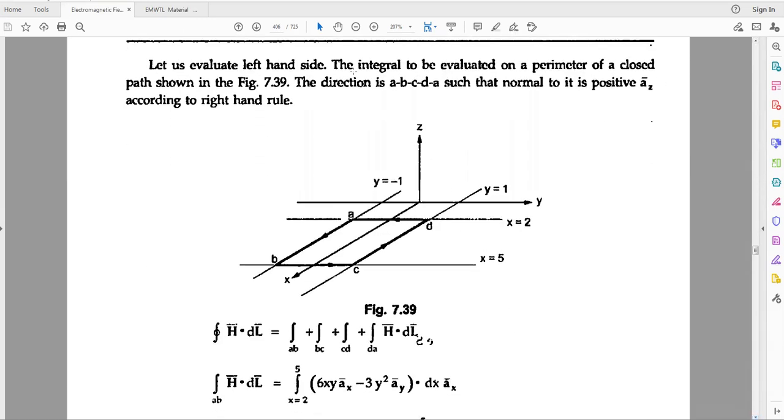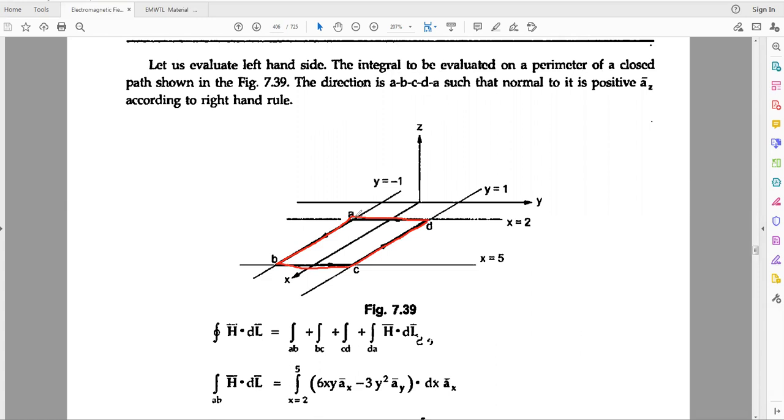Now let us evaluate the left hand side. The integral of H bar dot dl bar, we evaluate around the perimeter of the closed path. You see, this is a closed path here, A to B, then B to C, C to D, and D to A.